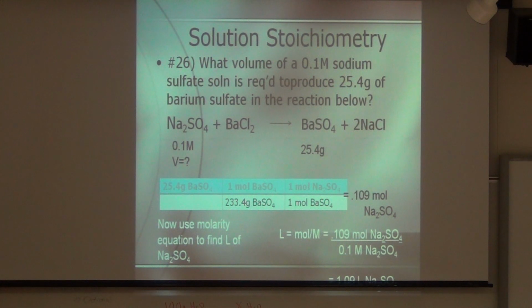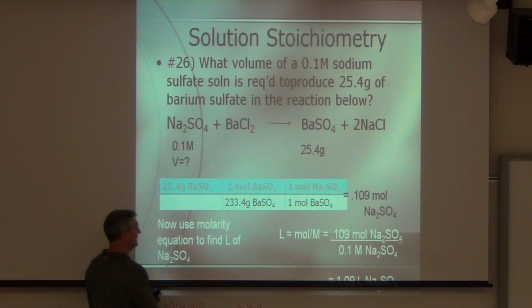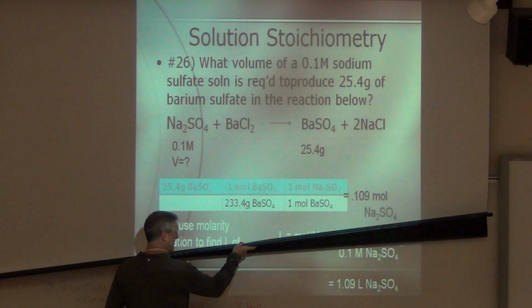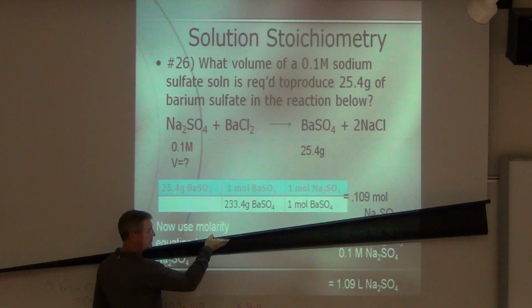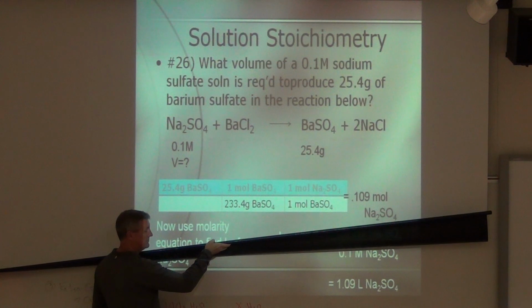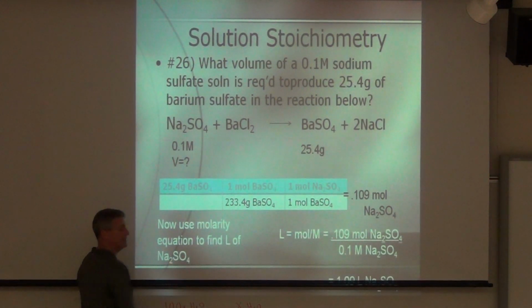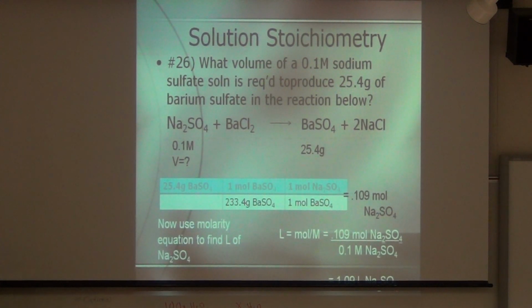So that's going to give us 1.09 liters. There it is right there for your viewing pleasure. Hopefully you feel like we're doing a lot of the same stuff we've already done. We're just applying it to a slightly different situation.